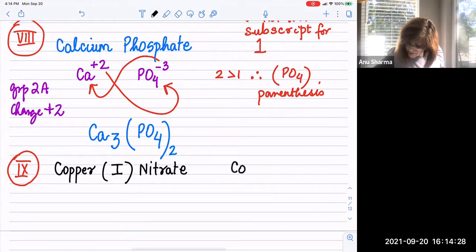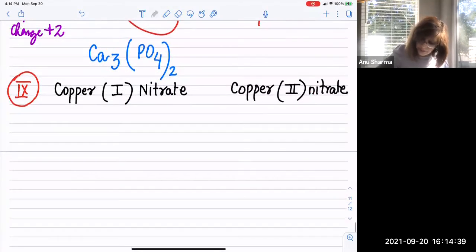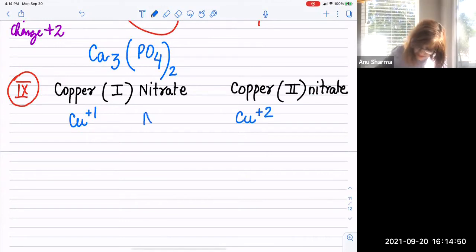And here you have copper 1 nitrate and copper 2 nitrate. Copper 1 means copper plus 1 state. Copper 2 means copper plus 2 state. Nitrate stands for NO3 minus 1 state.